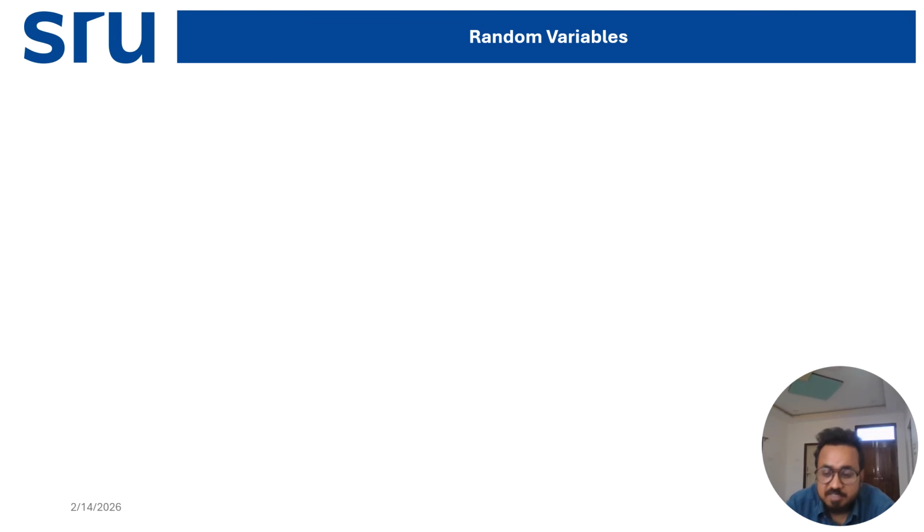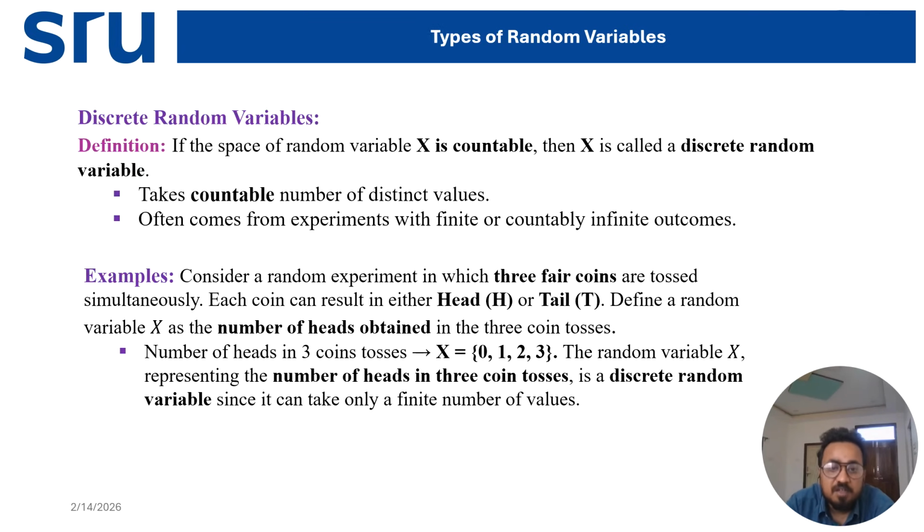Now we will discuss the different types of random variable. Random variables broadly classify into two categories. First one is the discrete random variable, second one is the continuous random variable. Let us discuss each type of random variable one by one. First we will discuss the discrete random variable.